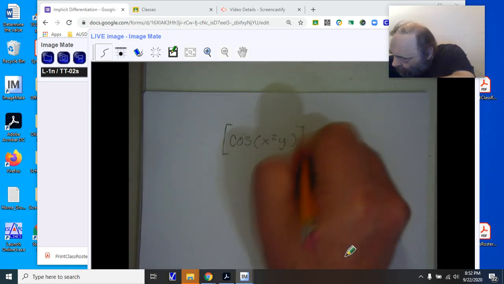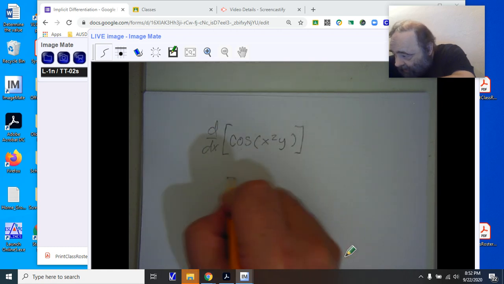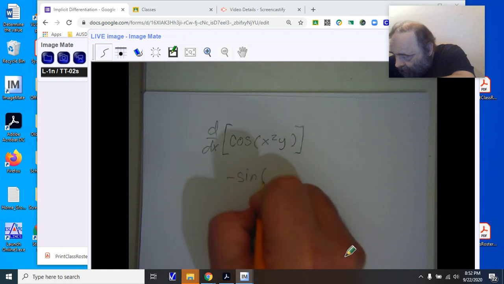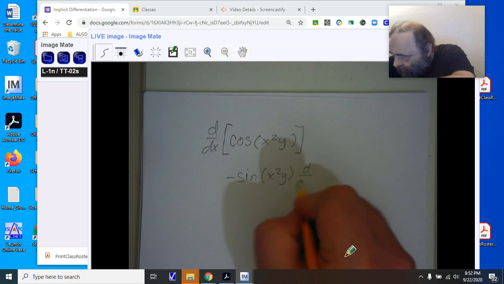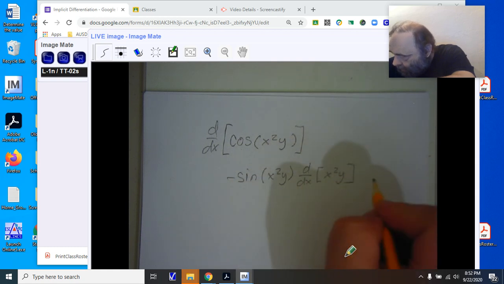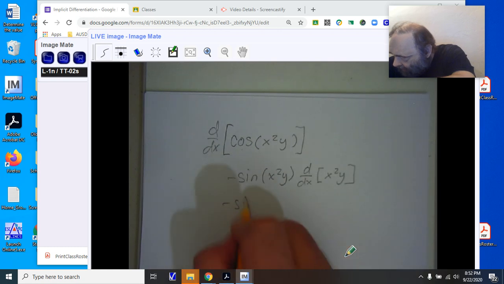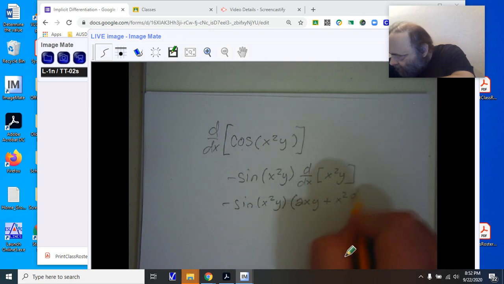Taking my derivative, d dx. Cosine goes to negative sine. We leave the inside alone. This is what we will distribute into the product rule, x squared y. So we have negative sine x squared y times 2xy plus x squared dy dx.